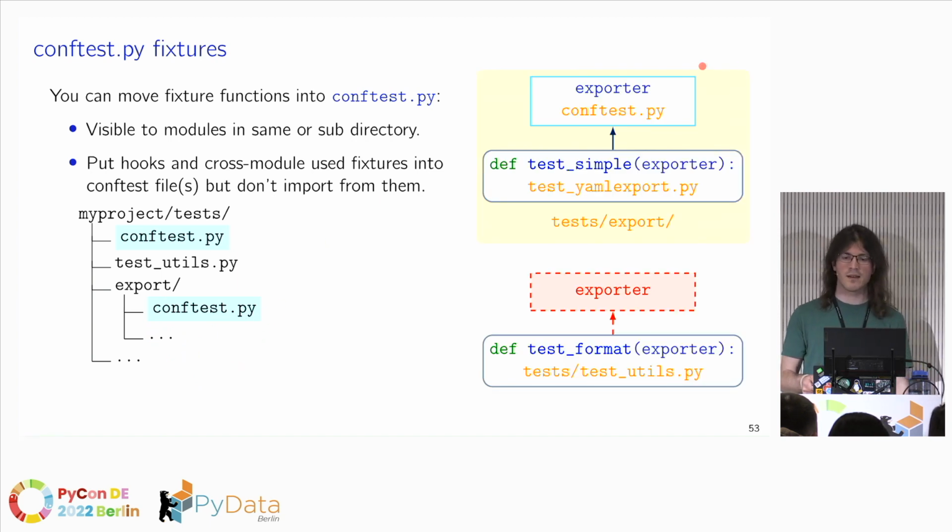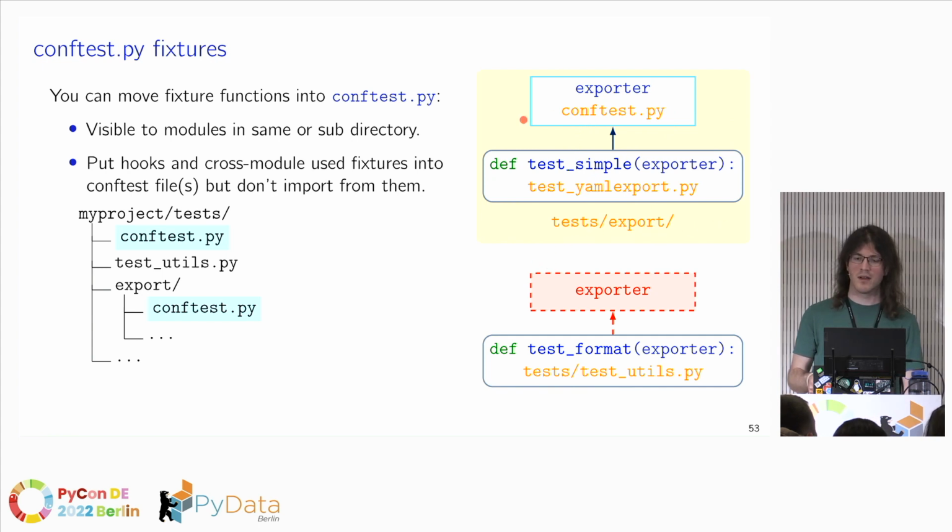So if we defined an exporter fixture in this tests export conftest.py, then test YAML export in the same directory would have access to this fixture, while a test formats, maybe in the test utils file outside of this export folder, would raise an error because the fixture wasn't found. So that's a good way to share fixtures between tests, but still keep them somewhat in control instead of making all fixtures global in your tests conftest.py.